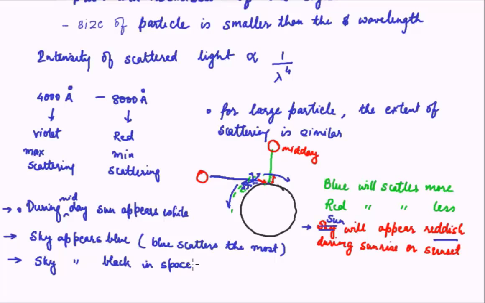Okay, so you have seen many practical situations where the phenomenon of scattering affects us, like the reddish sun during sunrise and sunset, the whitish sun during midday, the appearance of blue for the sky, and if you were to go to space, the sky appearing black, all these things.